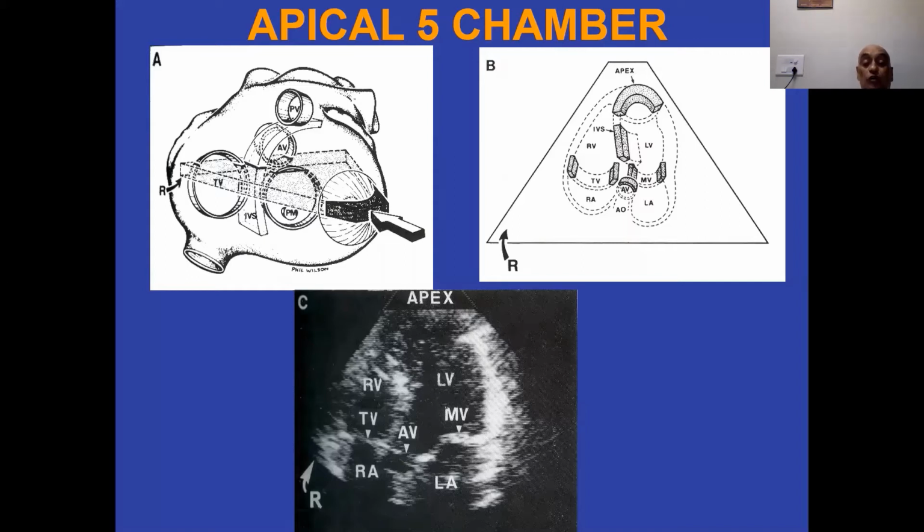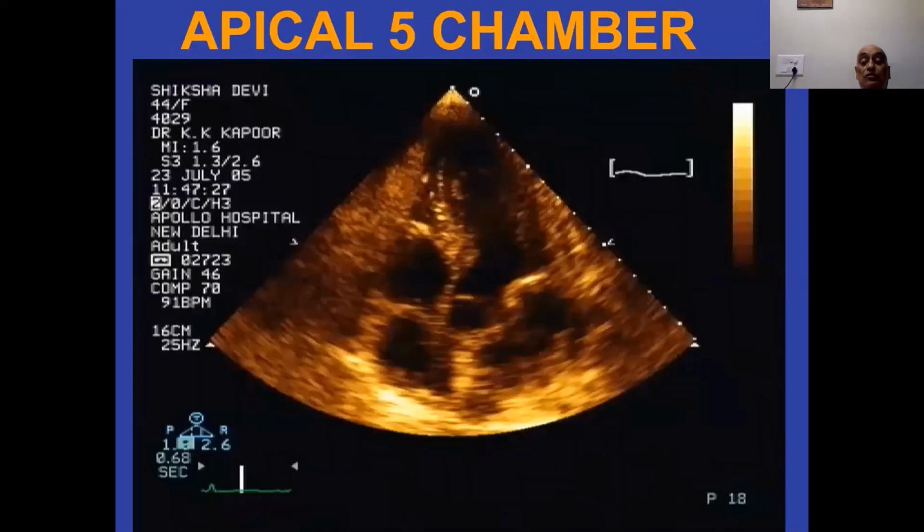The opposite wall is going to be the inferolateral wall or the posterior wall of the left ventricle, supplied generally by the posterior LV branches of the circumflex coronary artery. So this is a classical apical five-chamber view that you can see over here.